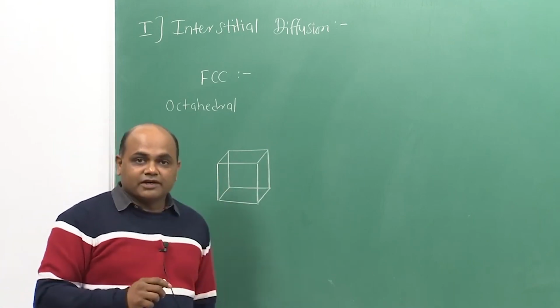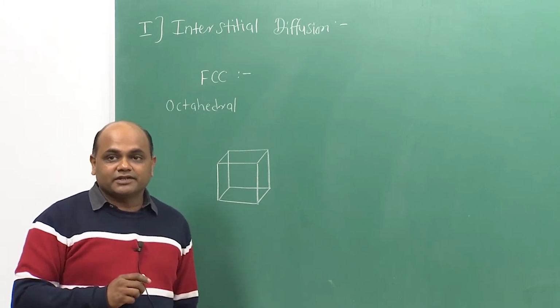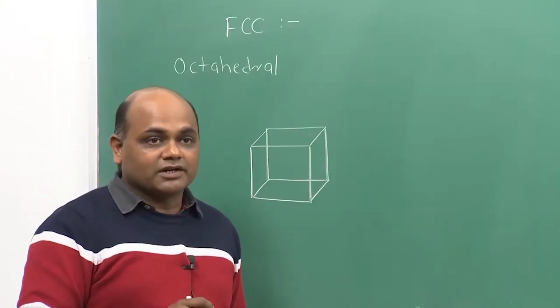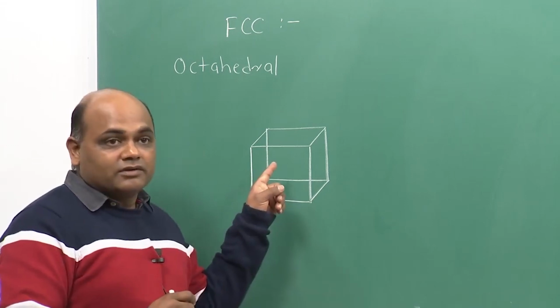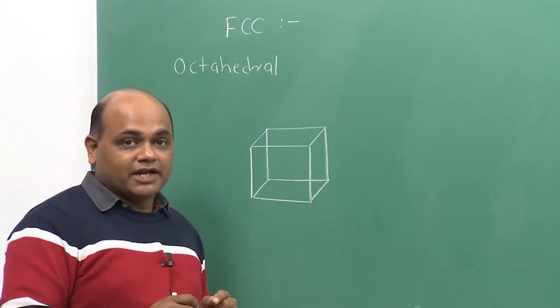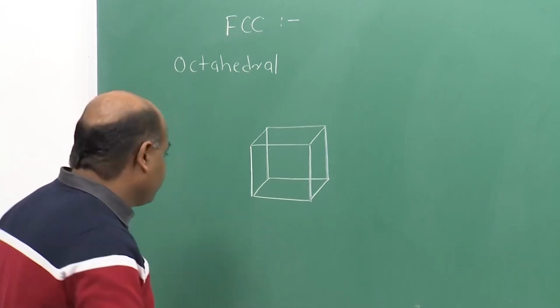Octahedron is a figure having 8 faces. So, octahedral interstitial site lies at the center of an octahedron, which you can draw with the regular atoms of the lattice site at its corners.